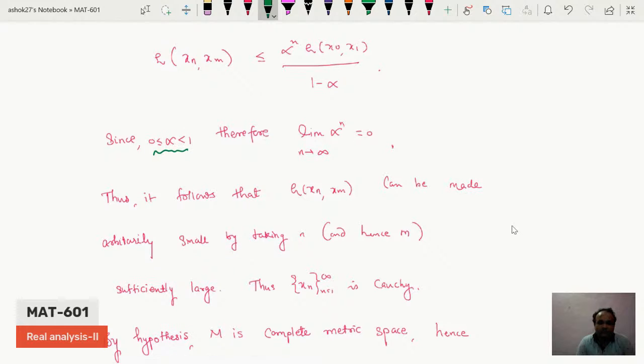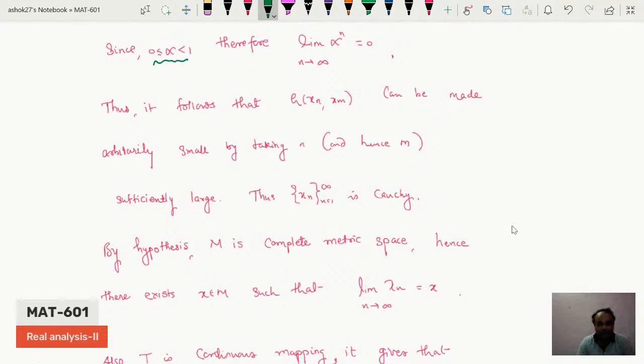It can be made arbitrarily small by taking n, and hence m also, since we write m as n plus p, sufficiently large. For a sufficiently large value of n, rho of xn and xm tends to 0, which means we can make it arbitrarily small. So this sequence xn is a Cauchy sequence.